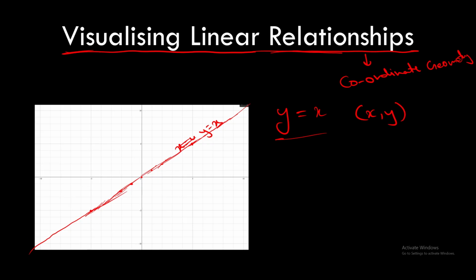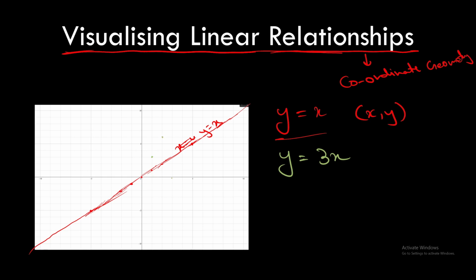Now let us imagine that we have another line, y is equal to 3x. So now for x is equal to 1, 1 times 3, it is going to be 3. So it's going to be right over here. And similarly for 2, it is going to be 2 times 3, 6.